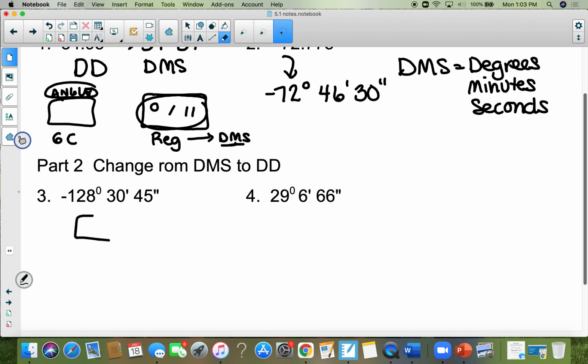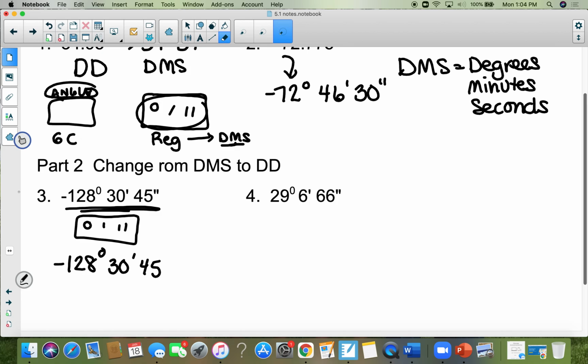Now we're going to go in the opposite direction. Again, you have to hit the degrees, minutes, and seconds. So in order to plug this into your calculator, you have to plug a negative 128 in. And then what you have to do is hit your degrees so that it shows up. And then you have to hit 30 and hit your minute so that this shows up. And then 45 and hit that so that that shows up.